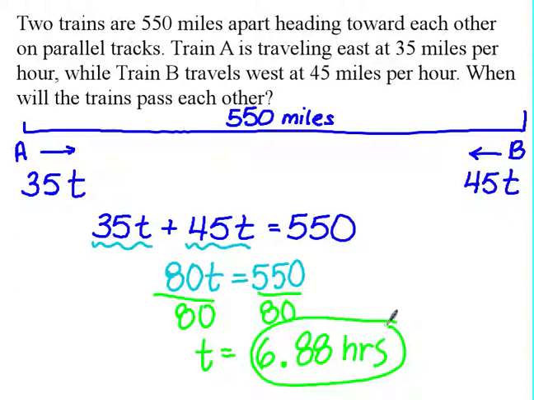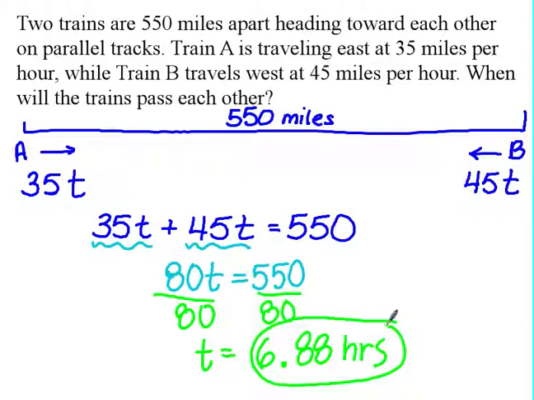Real quick, let's turn to page 136 and make sure that we have your assignment down. Number 6 is a mixture problem. It's just like the first 2 or 3 that we did.